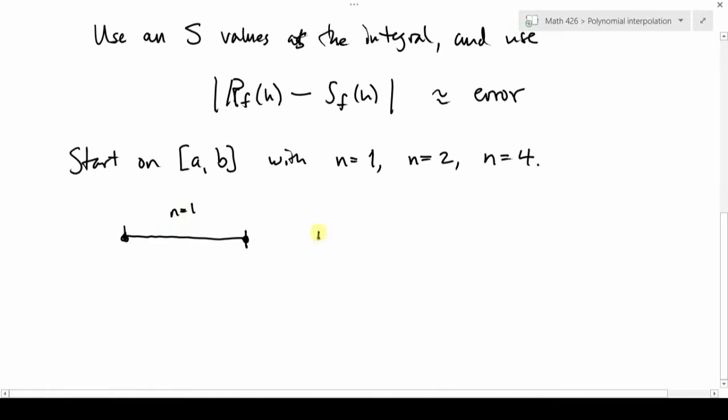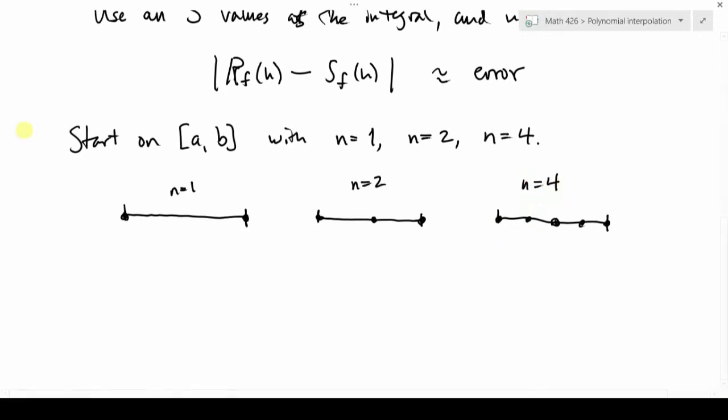For n equals 2, we have 3 nodes. And for n equals 4, we have 5 nodes. Okay, so we get a t here. So I'm going to switch to using n instead of h here. So t1, t2, and t4, let's say.